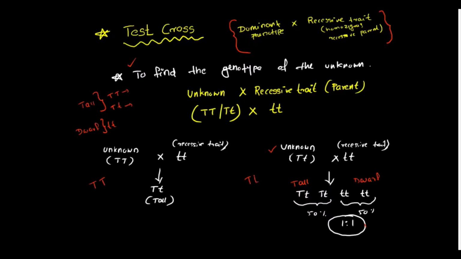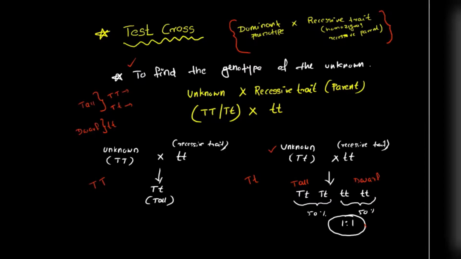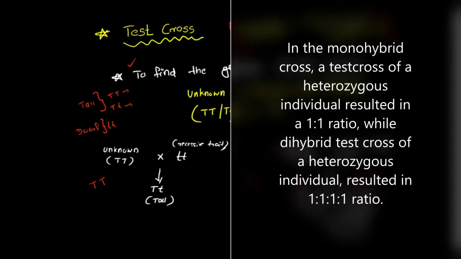That means capital T, small t. So, a test cross resulting in a 1:1 ratio of tall to dwarf offspring indicates that the unknown parent is heterozygous. So, we are using test cross to discriminate between homozygous dominant and heterozygous genotype.